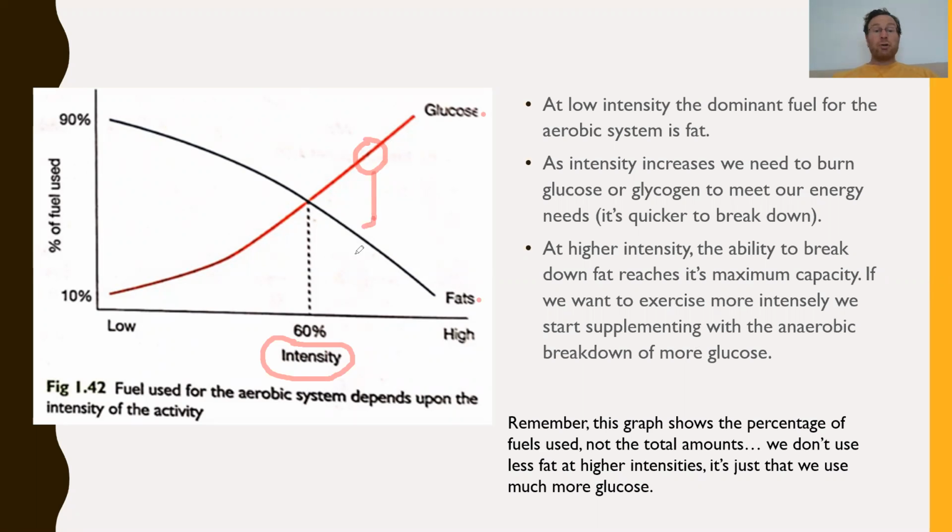So the total amount of fat has stayed relatively similar, but as a percentage of my total usage, carbohydrate becomes much more dominant. So I start to really rip through my carbohydrate stores at those higher intensities of exercise.